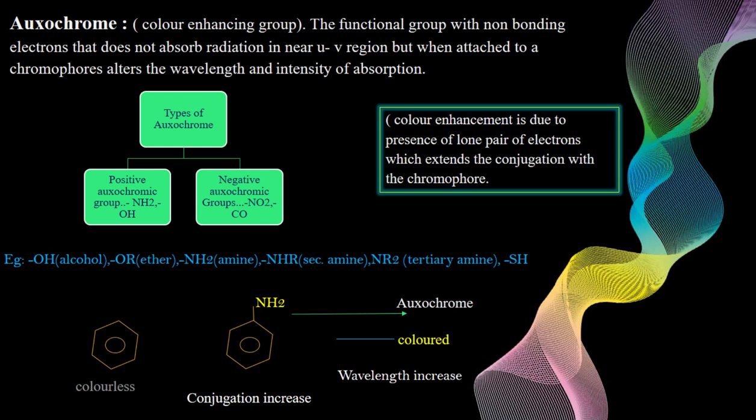In this slide, we will explain what an auxochrome is. An auxochrome is generally a color enhancing group, that is, a functional group with non-bonding electrons that does not absorb radiation in the near UV region, but when attached to a chromophore alters the wavelength and intensity of absorption.